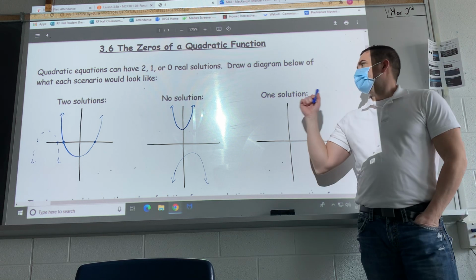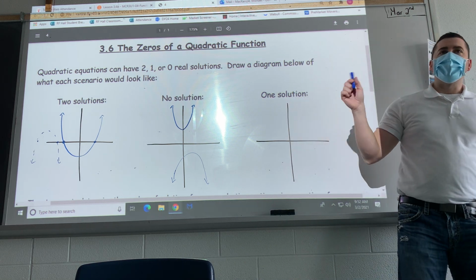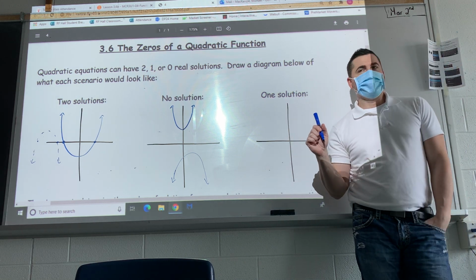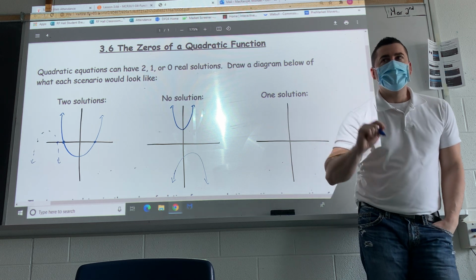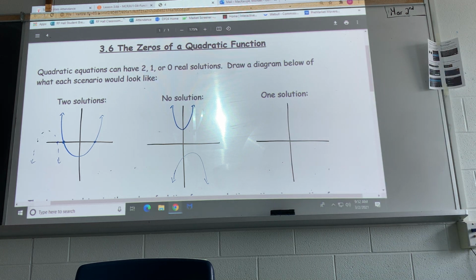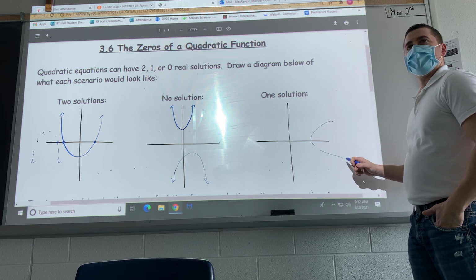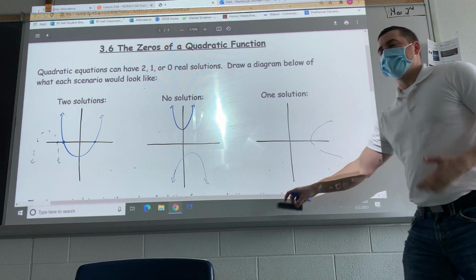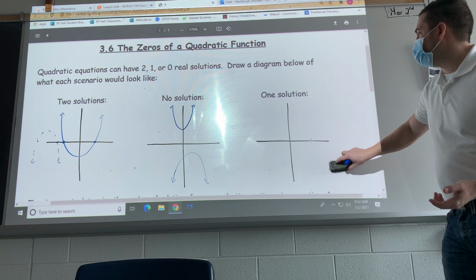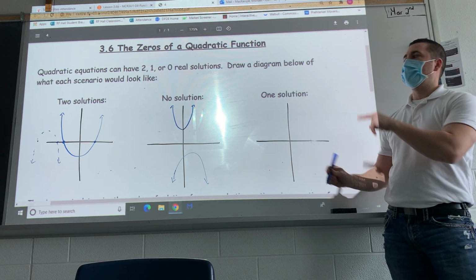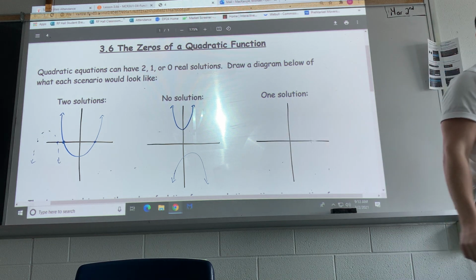Okay, and then there's some cases where there are just one solution. Okay, how can we have just one? If it's like facing towards the right-hand side. Well, that wouldn't be quadratic anymore. So you're thinking something like this. Yeah. Okay, that would be the square root function, or that would be the y squared function. So we're still looking at x for quadratics only.